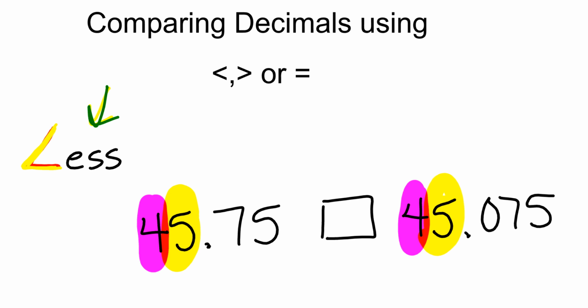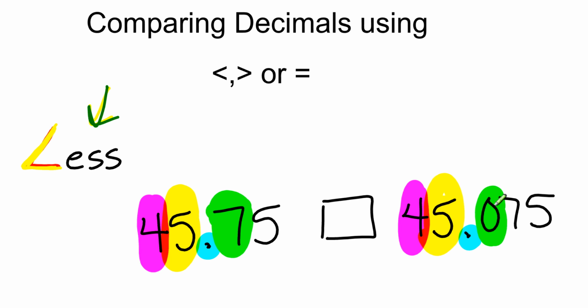After we move from the ones place, we have our decimal point. So notice, I'm highlighting each of these in a different color just to help you keep track. Now, moving after the decimal point, our first number to the right of the decimal is in the tenths place. The number on the left here is a 7, and the number on the right here is a 0.